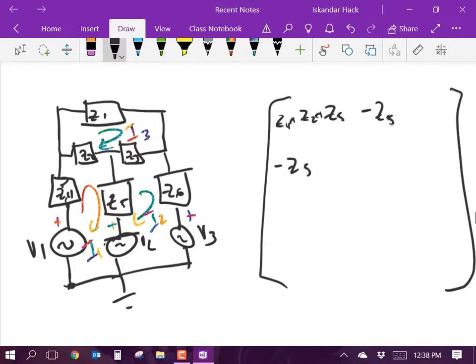Between loop 1 and 3, I've got 1 impedance, Z2. This is the only impedance that I3 and I1 both pass through. So I would write minus Z2, and minus Z2 here as well. In loop 2, I've got 3 impedances: 5, 3, and 6. So I would simply write Z5 plus Z3 plus Z6.